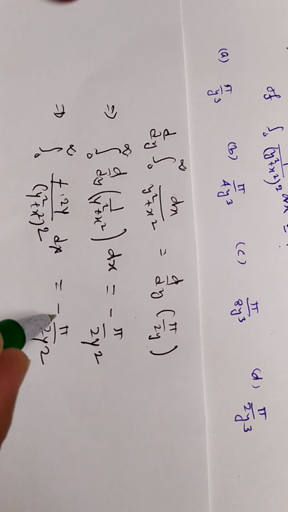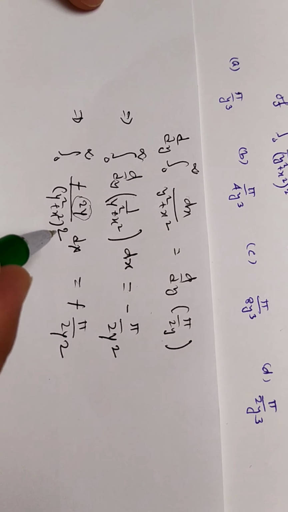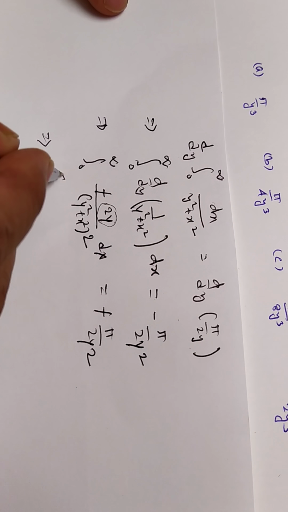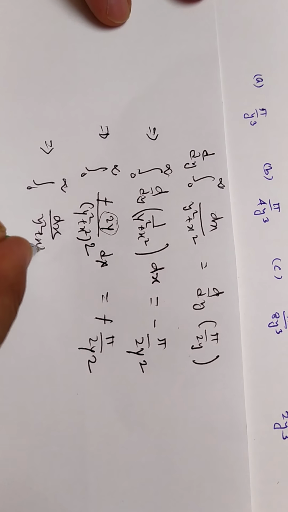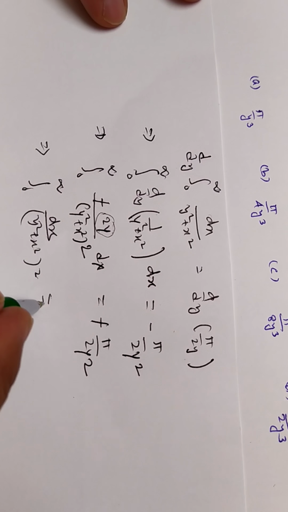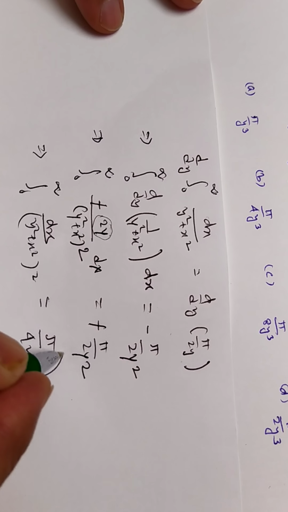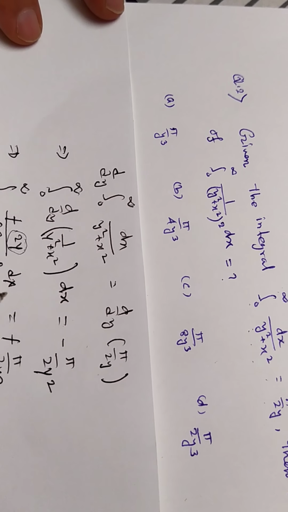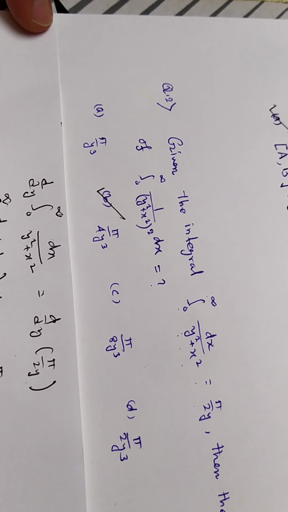Now this minus sign cancels, and since this is a parameter independent of x, we can bring it down here, and therefore the integral 0 to infinity dx by y square plus x square whole square equals pi by 4y cube. So this should be the answer, and let's see whether this choice is there. Yes. So this is your answer.